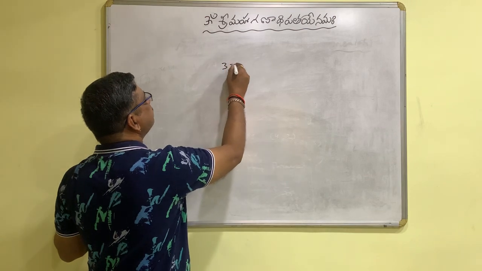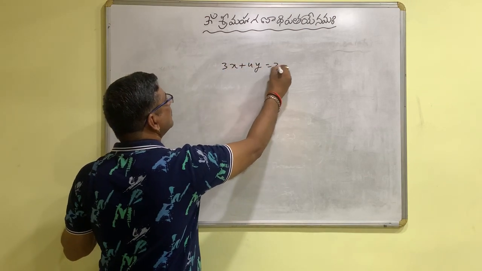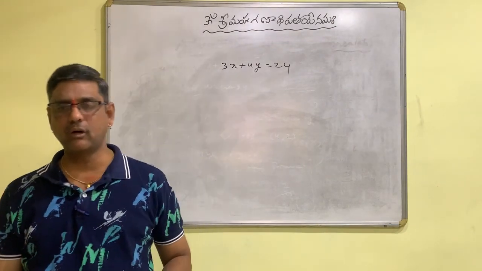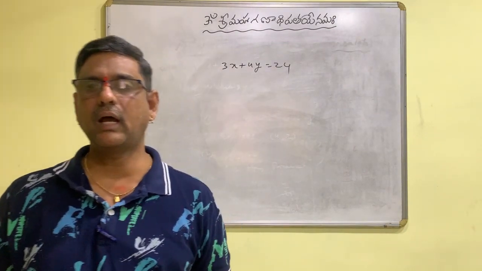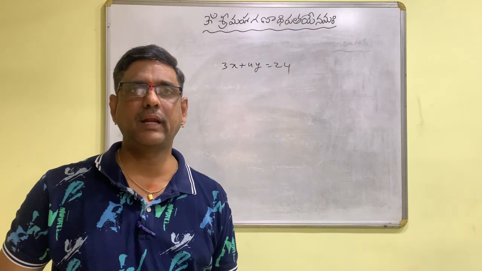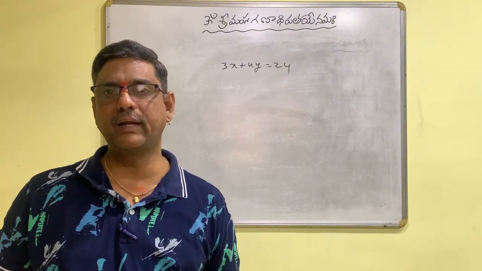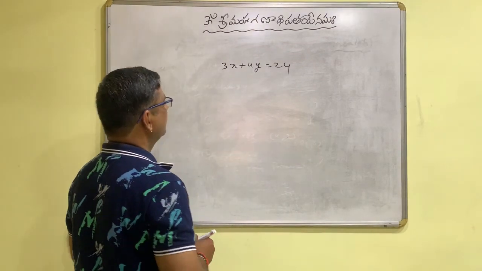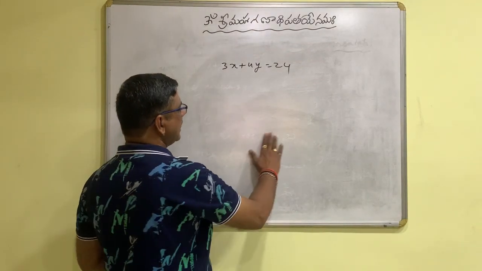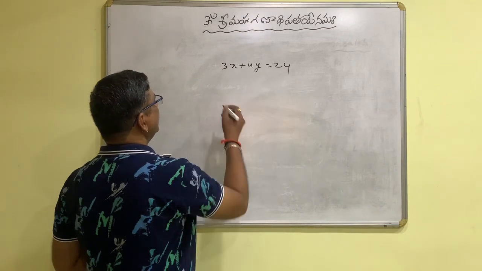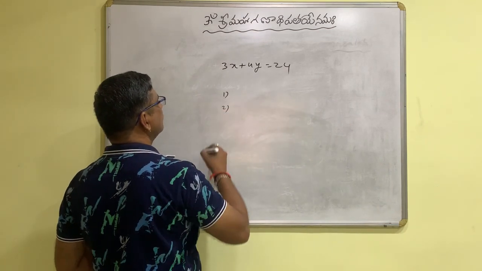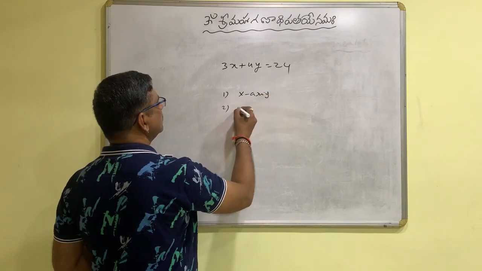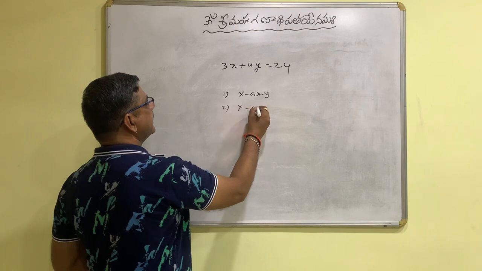Draw the graph of 3x plus 4y is equal to 24. Draw the graph of 3x plus 4y is equal to 24. And after drawing the graph, you have to tell me whether the line is intersecting the x-axis or not, and whether it is intersecting the y-axis or not.